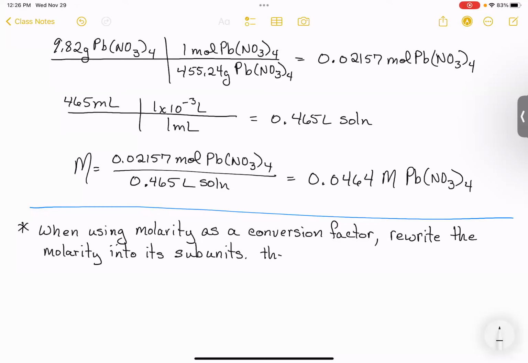The value for the molarity goes with the moles, and it is over 1 liter.